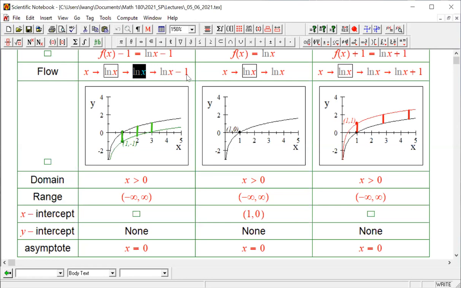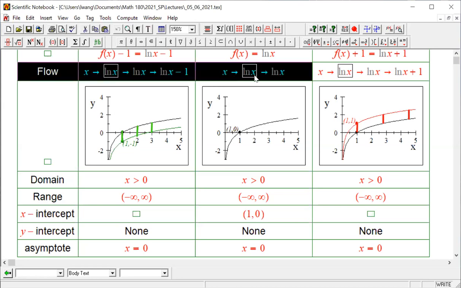So that's reflected on the picture that every point is shifted vertically by 1 unit. And the same for ln x plus 1. So every point is shifted up, right? For the same input, the output is adding 1. So that's the mechanism. That's what the flow tells us.